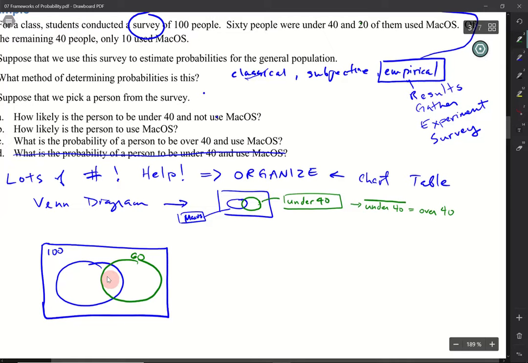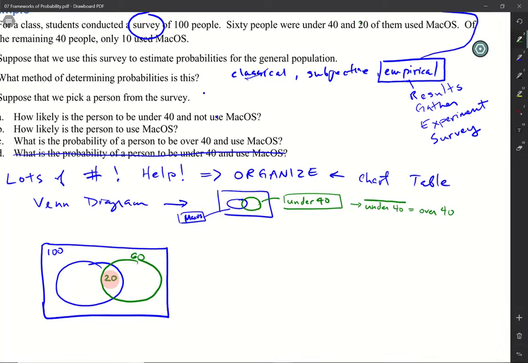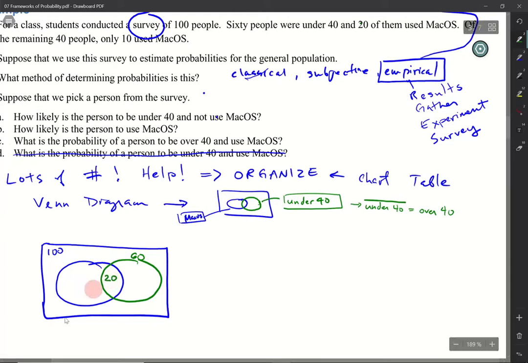So we should put 20 over there. Why should we put 20 over there? Because of these 60, right? 60 people were under 40.